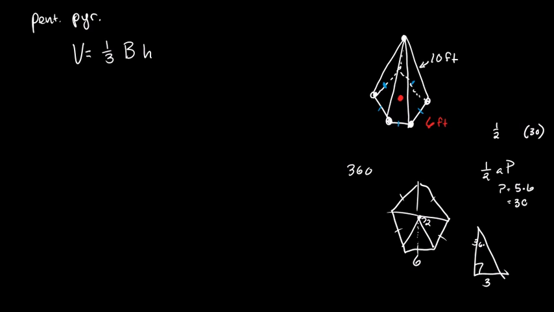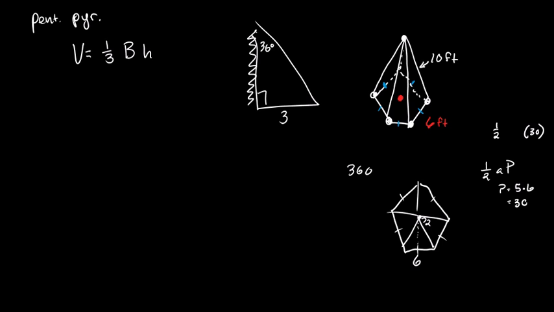So in order to find this, I'm going to draw this a little bit bigger for you guys: 36 degrees, and this is 3. In order to find my apothem, I need to use what trig function? I have the side opposite, and I need to find the adjacent.